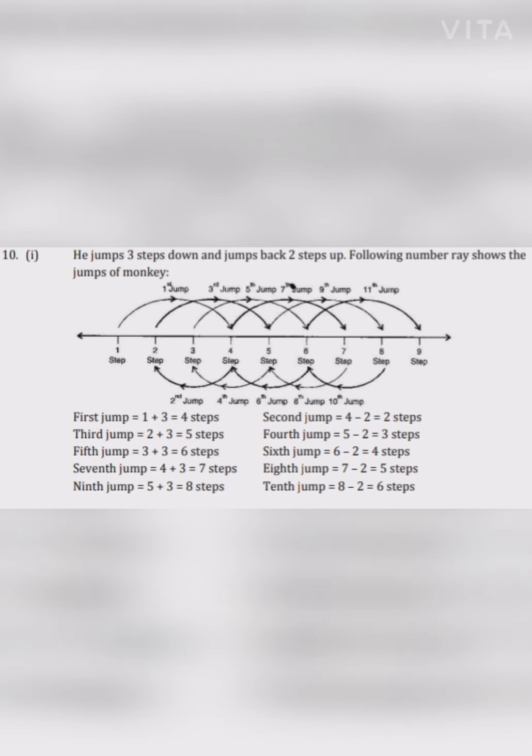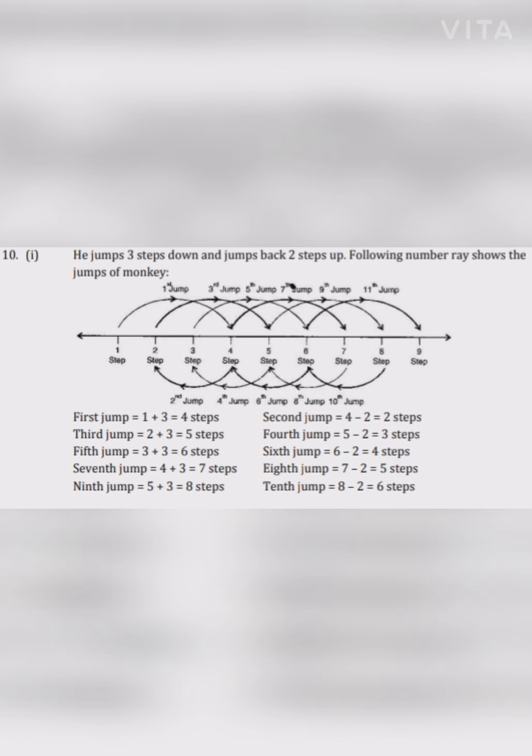He jumps 3 steps down and jumps back 2 steps up. The following number array shows the jumps of the monkey. It is the number array which are the stairs. So by that we can understand. First jump is 1 plus 3 is equal to 4 steps.